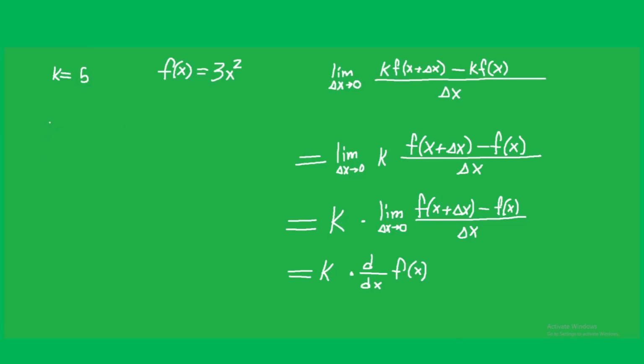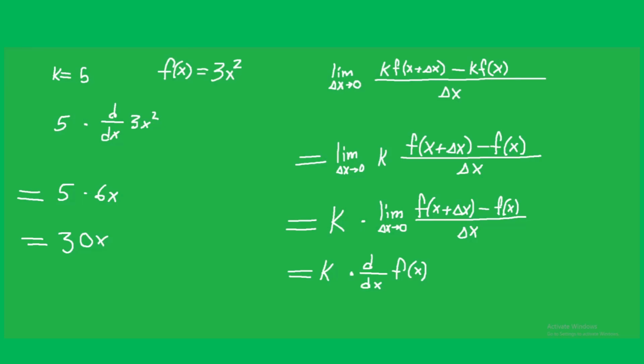I'm going to say 5 times d over dx of 3x squared. And the derivative of 3x squared is 6x, so we have 5 times 6x, which is 30x.